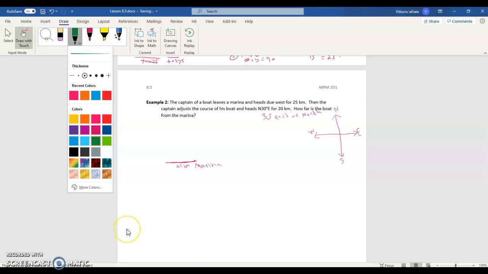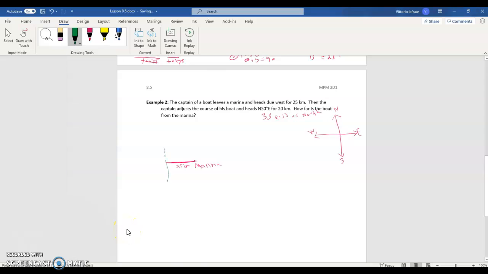We're going to draw in our little compass here. This was west. We came from the east. So this pink is part of our triangle. This is north. This is south.